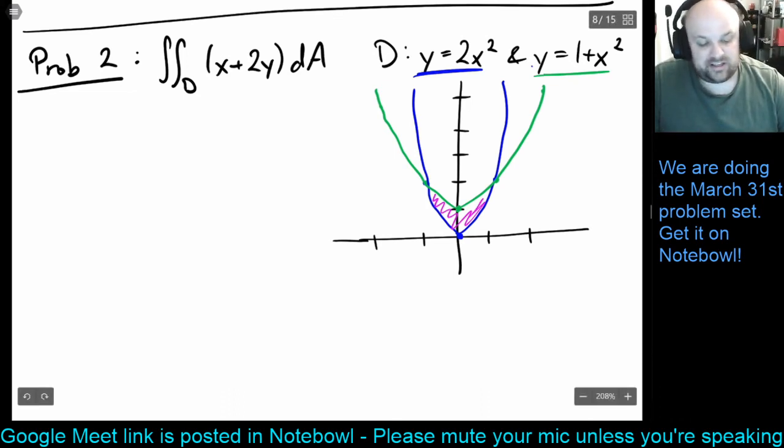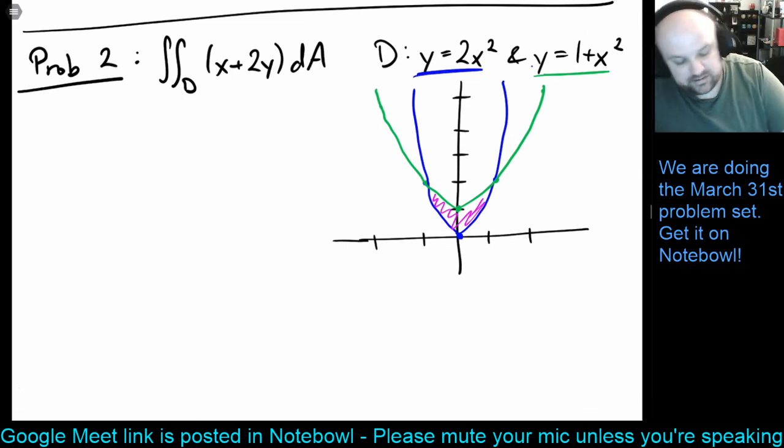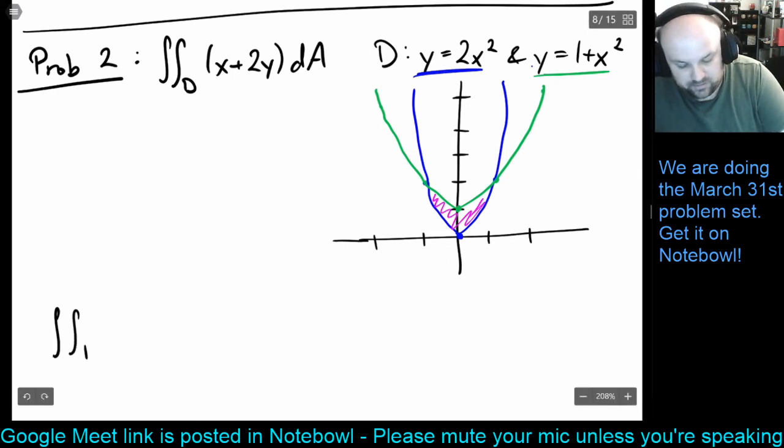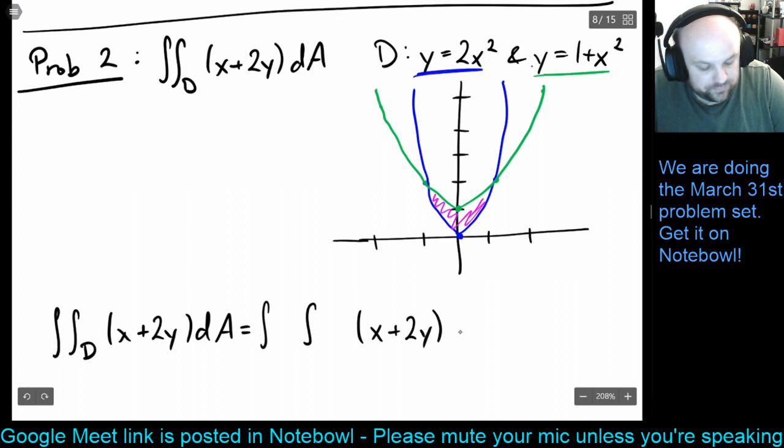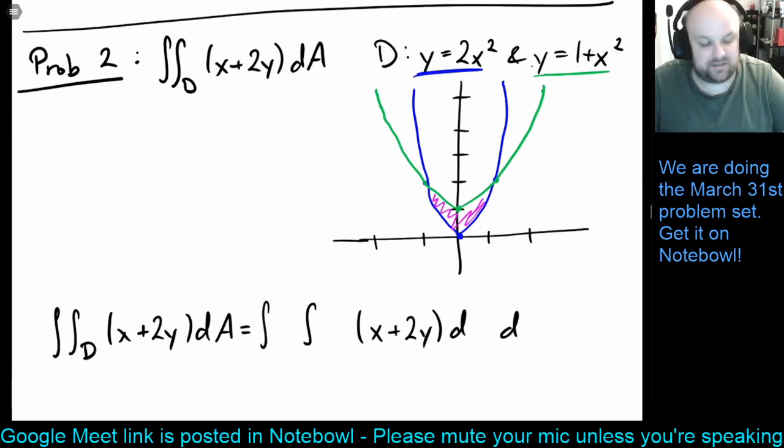So when I'm trying to set up bounds for this integral, the question is, in which order do I want to integrate? Do I want to do the x integral first or the y integral first?